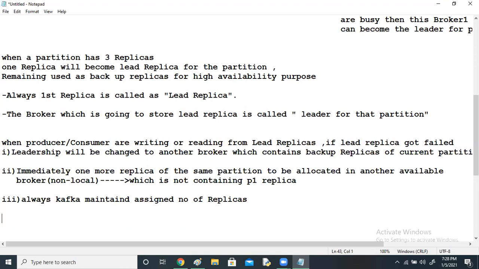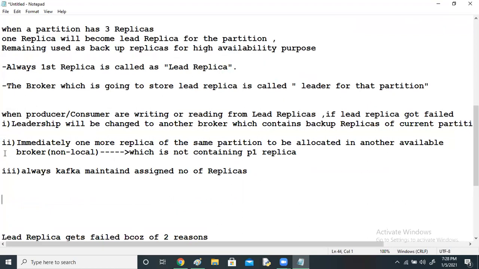For example, I got a query. See the fourth point. After 1 hour, if broker one is up, will it be the leader again?